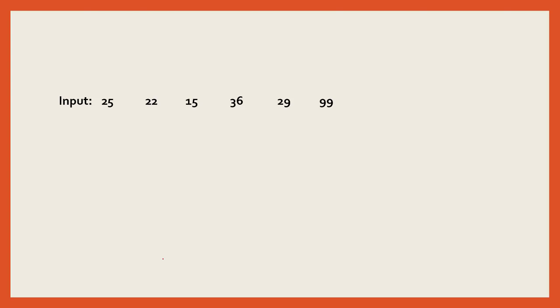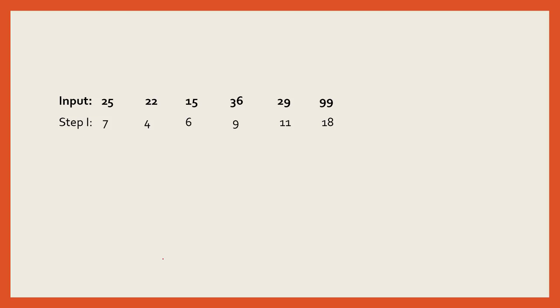So here we have an input string which is 25, 22, 15, 36, 29, 99. In step 1, we are seeing numbers like 7, 4, 6, 9, 11, 18. Now, if we look at the input and the numbers in step 1, we could not see addition, subtraction, division or multiplication happening, nor even squares or cubes.